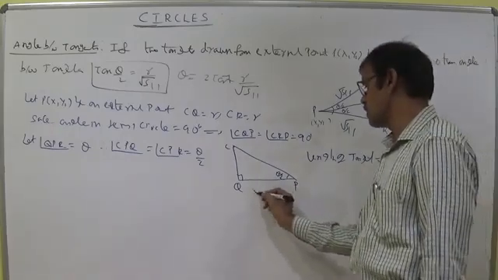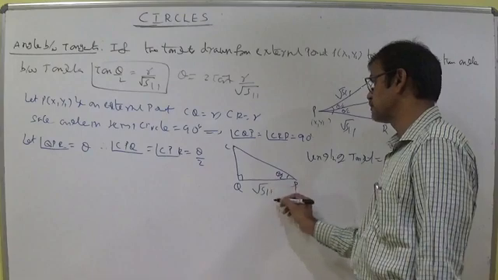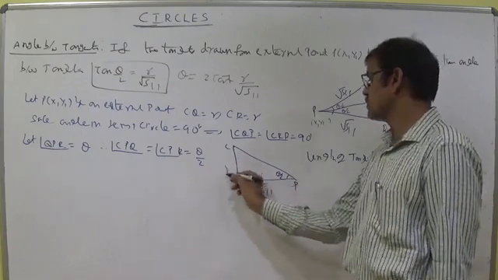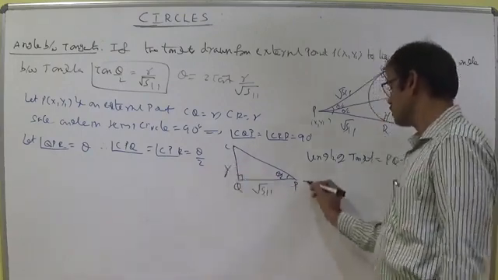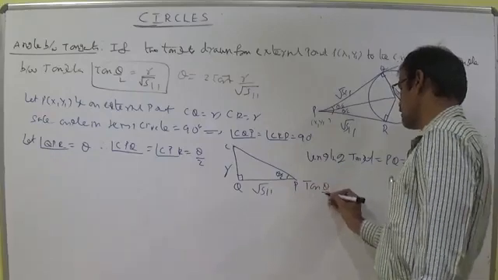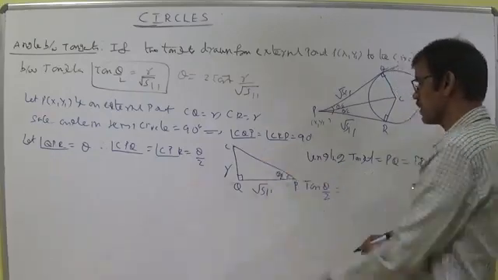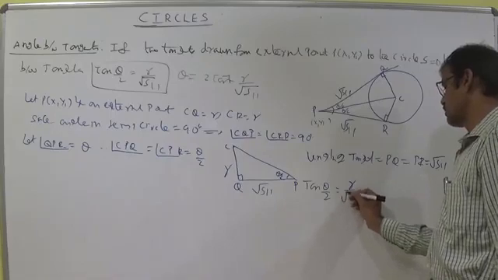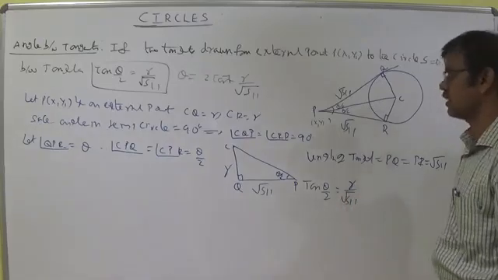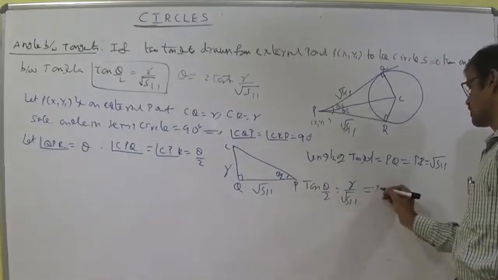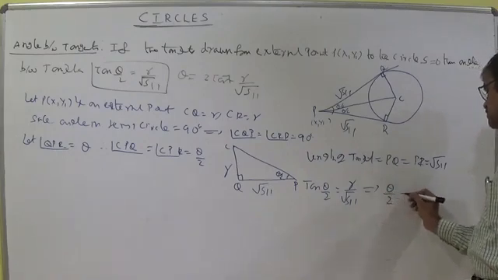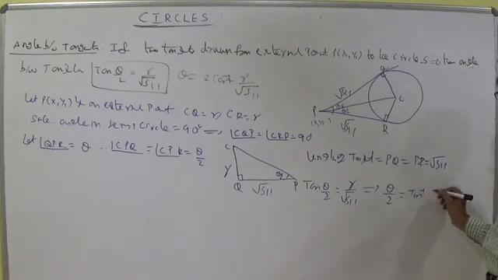So here you write root S11. CQ is equal to r. So in this triangle, tan theta by 2 is equal to opposite by adjacent, r by root S11. That implies theta by 2 is equal to tan inverse r by root S11.